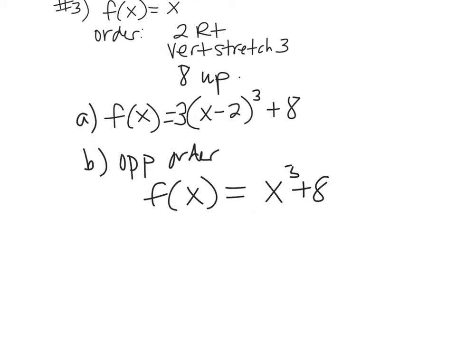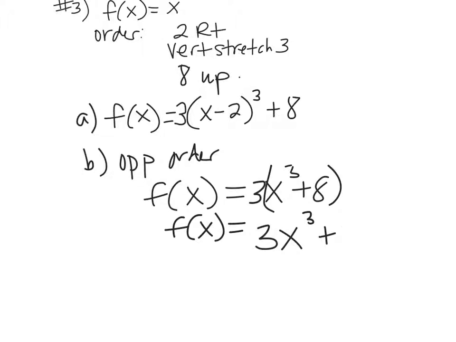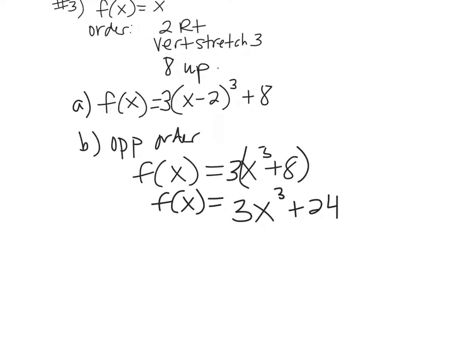And now I'm going to apply a vertical stretch on this. So then I'm going to have to multiply the whole thing by 3. Okay, so the next one would be then multiply this entire thing by 3. So I get 3x cubed plus 24. Okay, it affected that 8 that I already shifted up. It affected that part. And then finally, I'm going to go to the right 2.